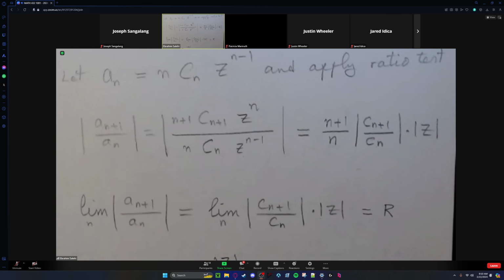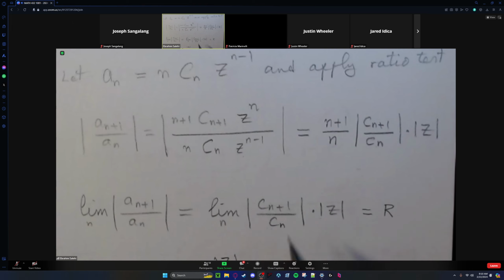And if we call it r, then whenever this is less than 1, you know, it converges and so forth. So the limit of this guy is r.